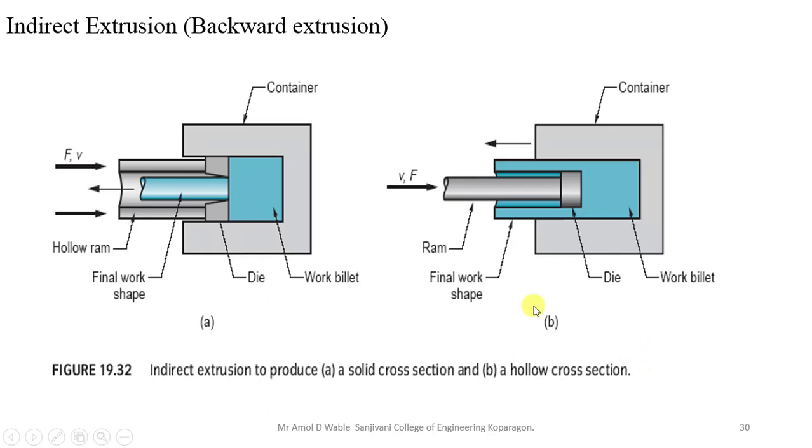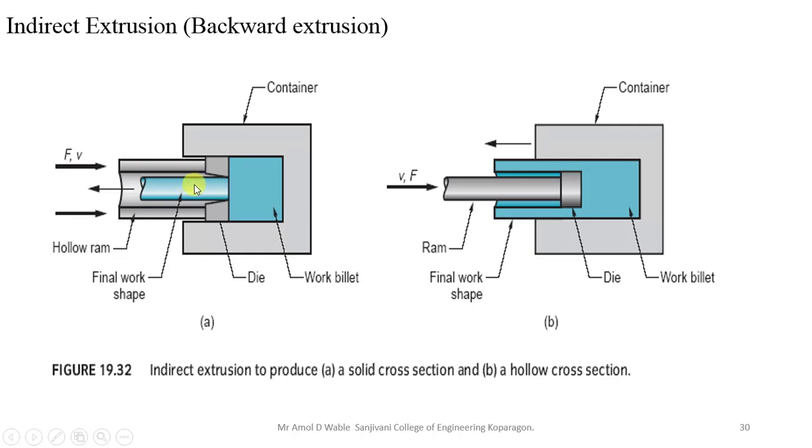Let us see another process, that is backward extrusion. In backward extrusion, you will find that the plunger used is a hollow one, and as it presses the billet against the back wall of your closed chamber, the metal is extruded backward into the plunger.